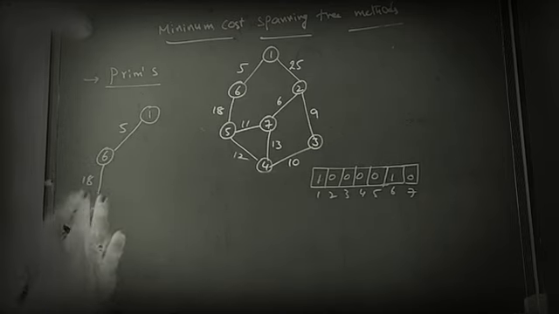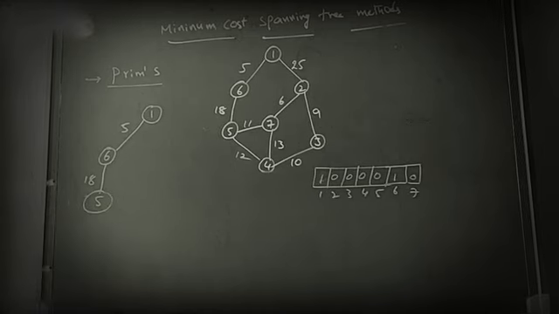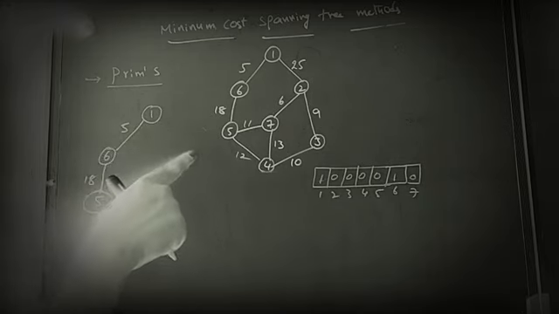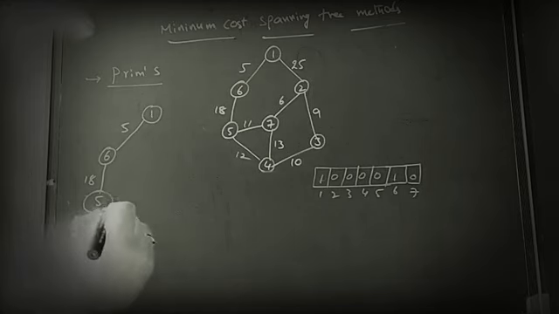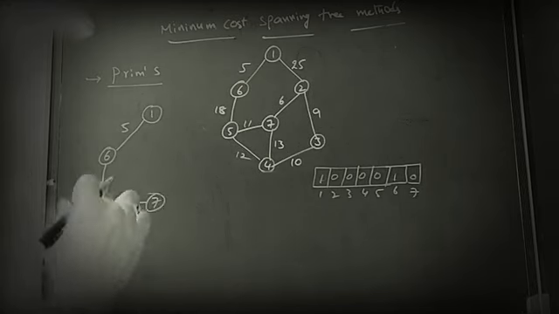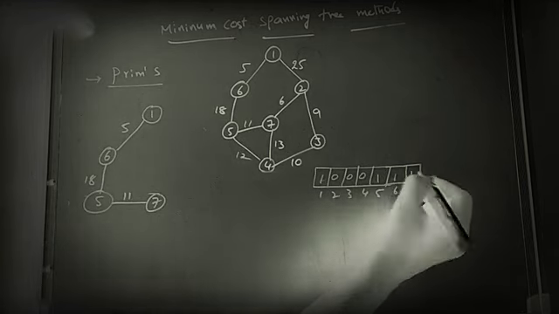Okay, the new node is 5. Next, what is the minimum edge of 1? The cost is 25. 5 has how many adjacent edges? 11 and 12. So minimum is 11, select. So 5 is visited and 7 is visited.